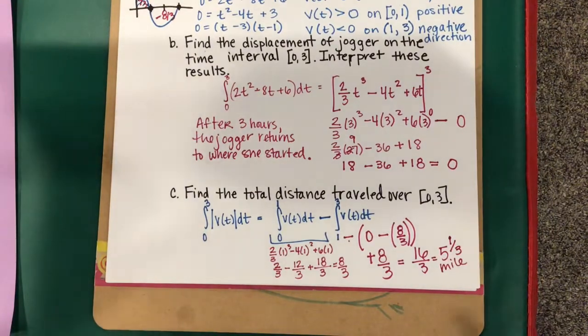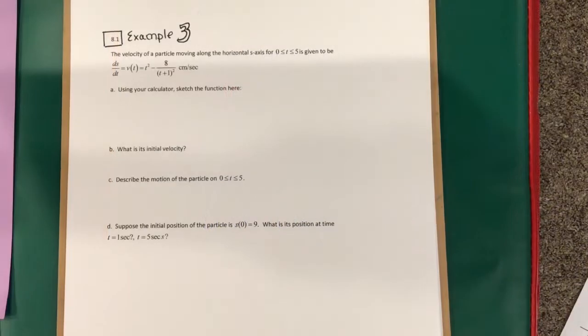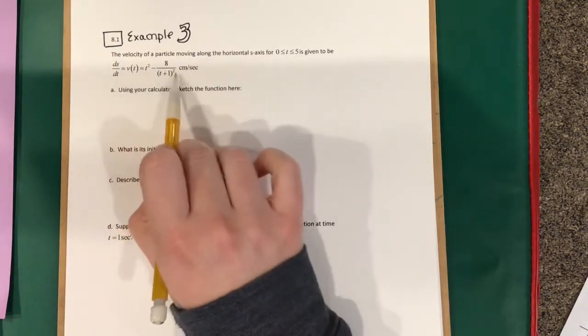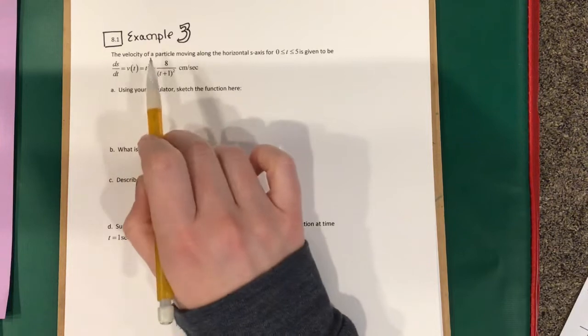Motion problems. So in this problem, we are looking at the velocity of a particle moving along the horizontal axis from 0 to 5. And so we're given our velocity function here.